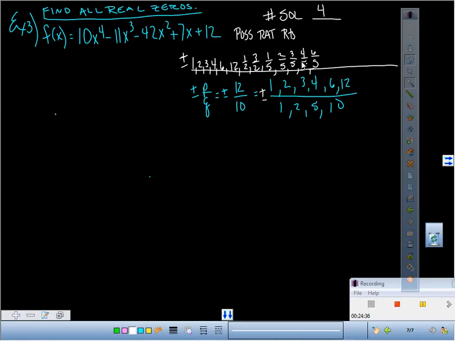Alright, 6/5, what else? 12/5? Yeah. Now we're going to put everything over 10. 1/10 is new. Write it down. 2/10. Already got it. 3/10. Don't have that one. 4/10. Already got it. 6/10. Already got it. 12/10.